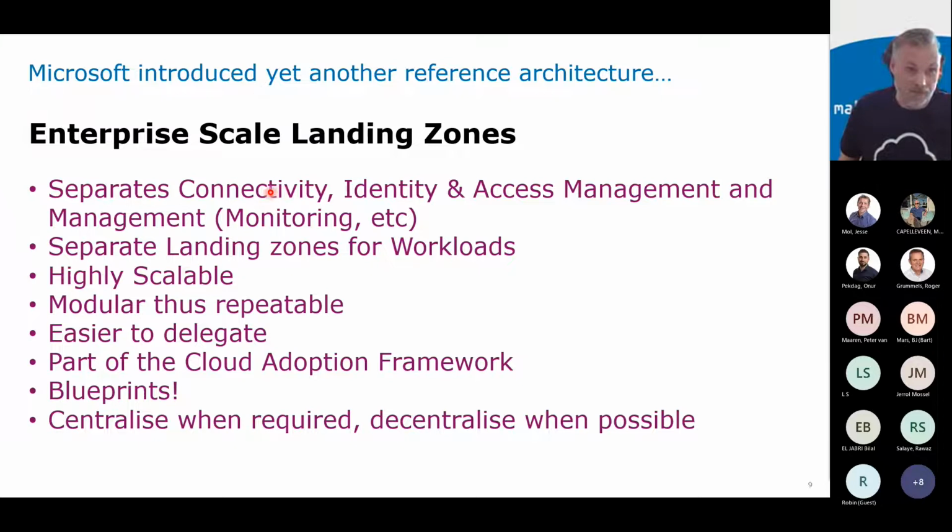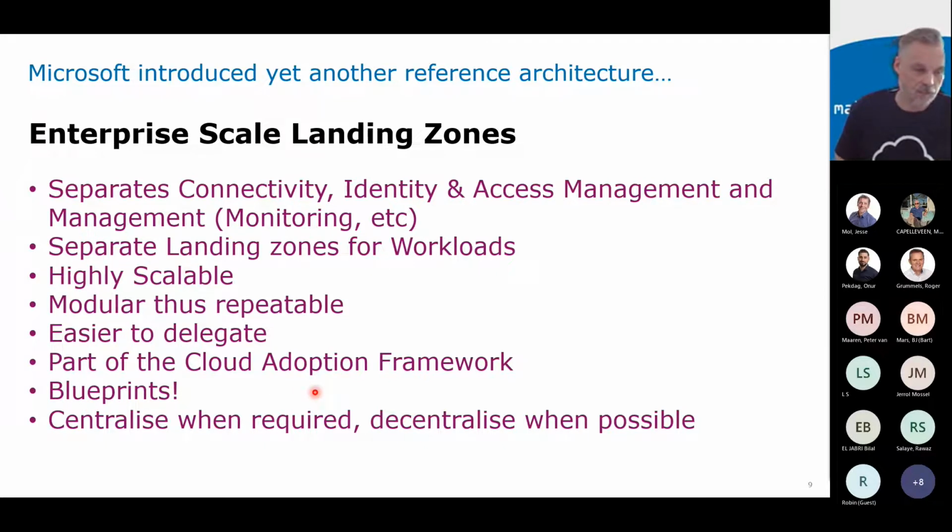Say connectivity, it's easier to delegate that to, for example, a centralized network team. Same with identity and access management, because these are completely different functions, and it requires a completely different skill set than, for example, connectivity. You can deploy a complete landing zone using Azure Blueprints.